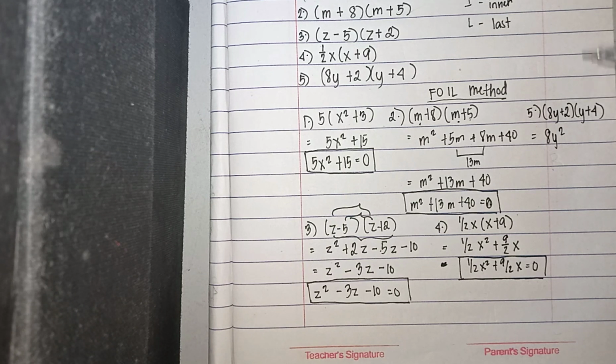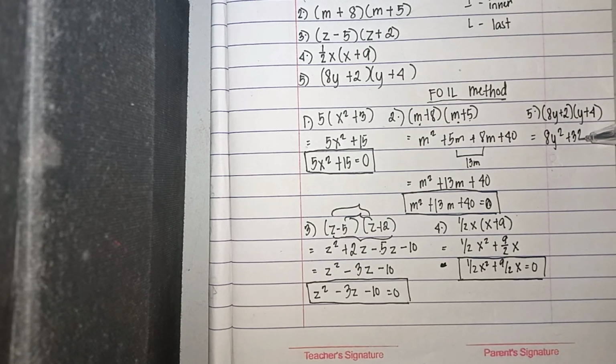So next, the outer term, 8y times positive 4 is positive 32y. Next, 2 times y is 2y. And last term, 2 times positive 4 is positive 8.